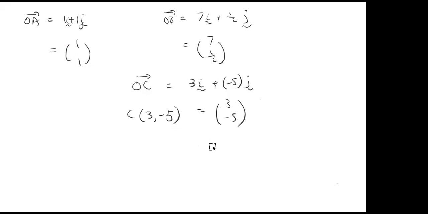But one thing to remember here, these are representing vectors. The points, of course, can be linked in if you're starting from O as a position vector, but this notation itself is referring to a vector.